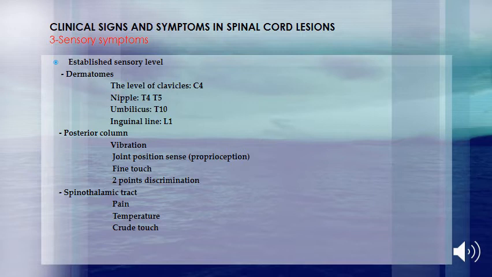And there is an important thing here: if proprioception is affected in the spinal cord, it will be ipsilateral, while the spinothalamic tract will be contralateral to the lesion in the spinal cord.